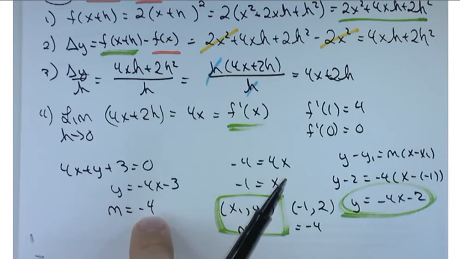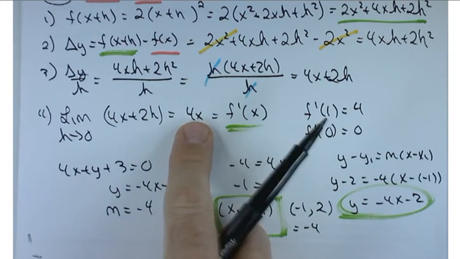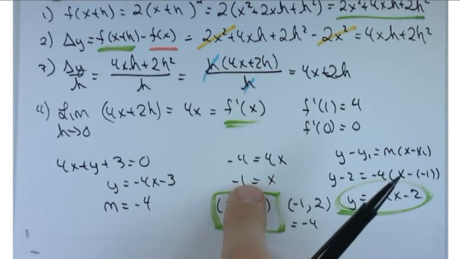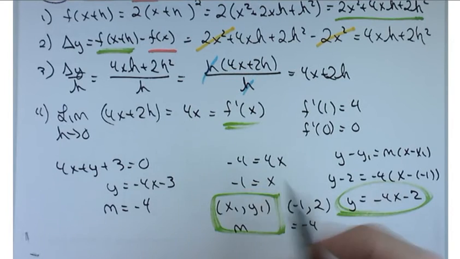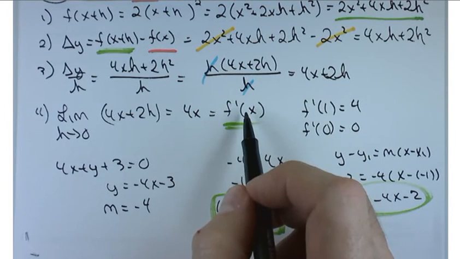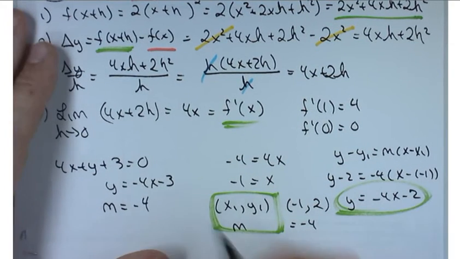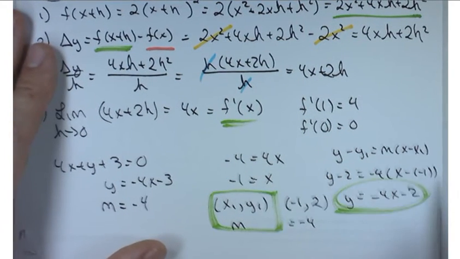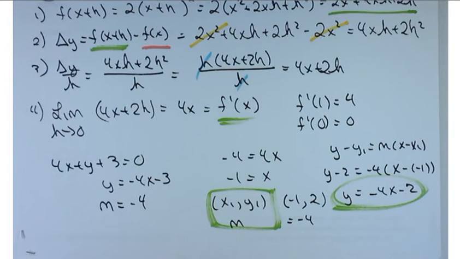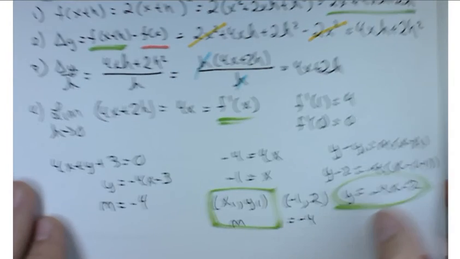So where does -4 equal 4x? When x was -1. So at this point, our function is going to have a tangent line with a slope of -4, parallel to this. And the last part was to calculate the equation of the tangent line. So, yeah, my apologies for going a little bit fast on that.